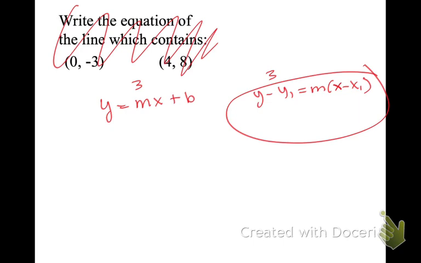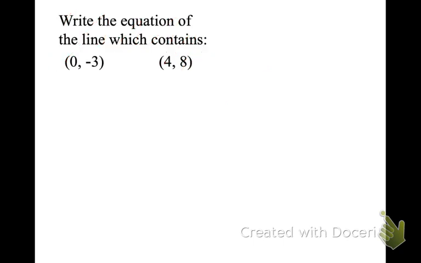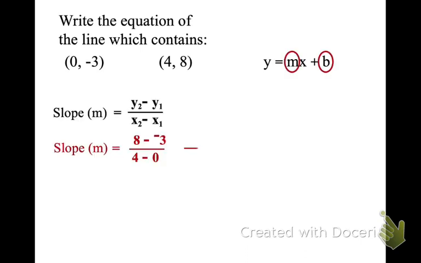And then same thing, when we get the slope, we're going to do the same thing. So here, first thing we have to do is find our slope. So it's 11/4. One more time, let's go to point slope.